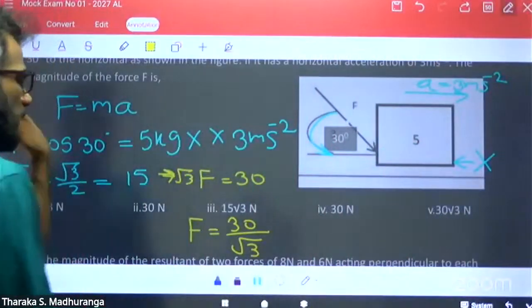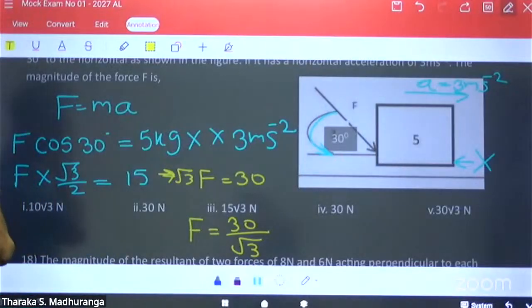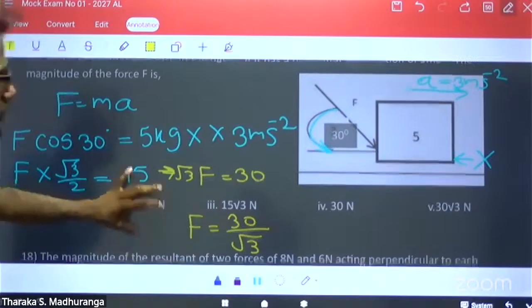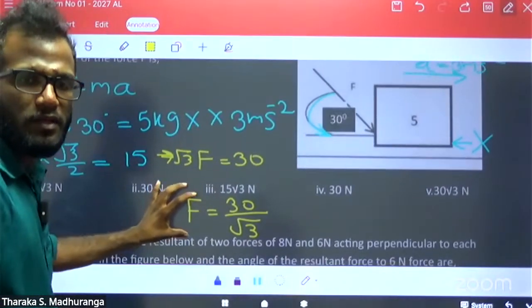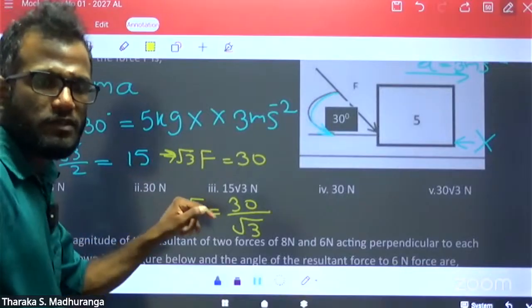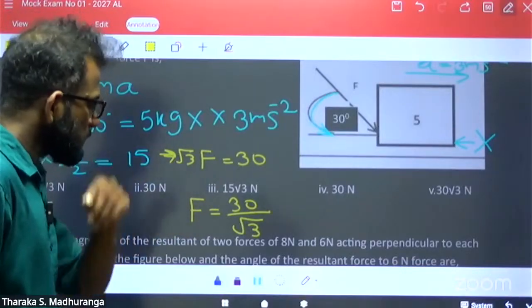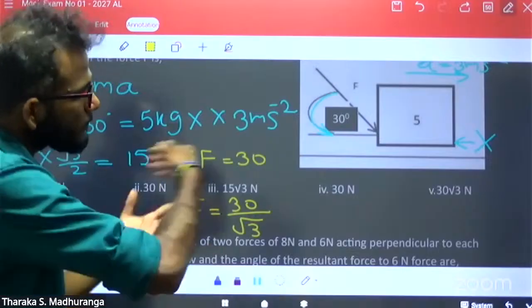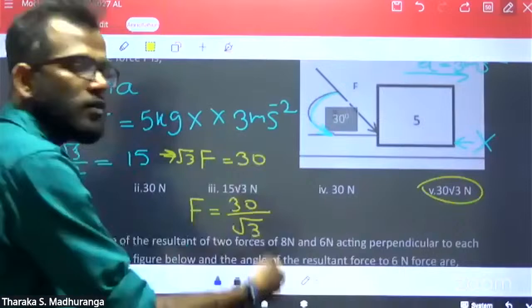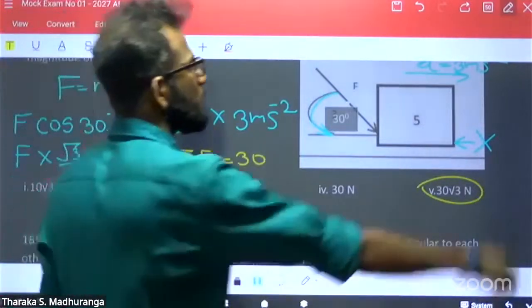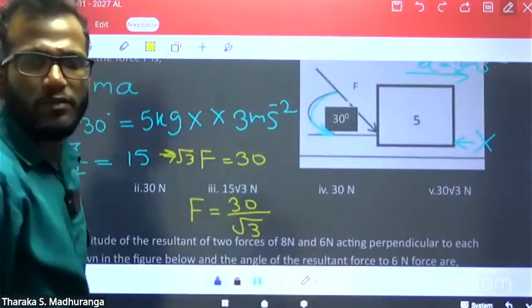Now the applied force is 30 over root 3. Now what to do? But the answer is not given. Is 30 root 3 equal to 30 over root 3? No, no, no. 30 root 3 is a different value.